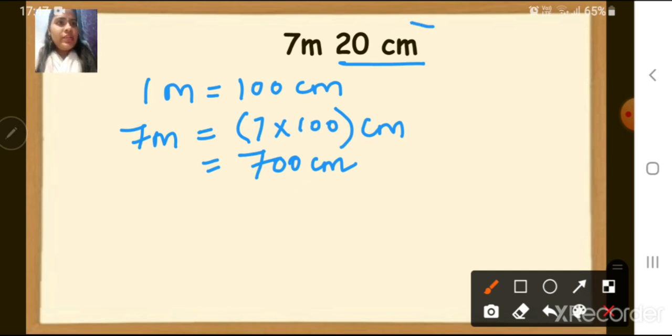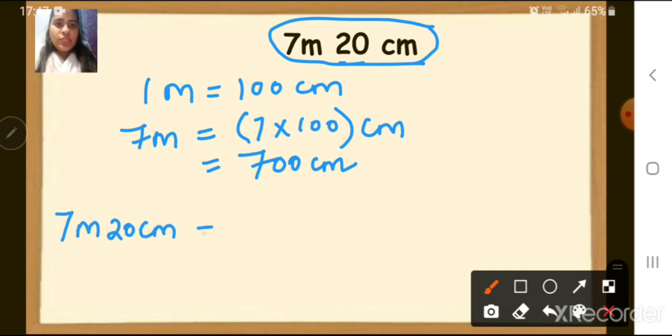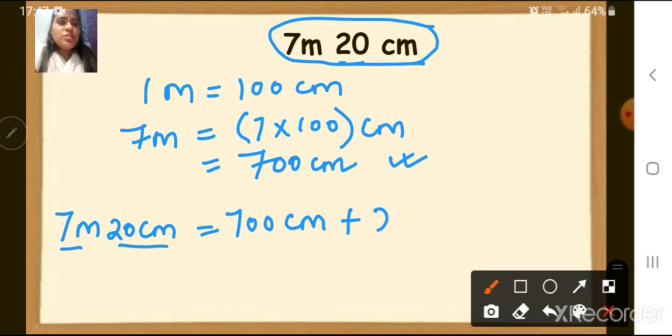Now we will take together the full question. So 7 meter 20 centimeter is equal to, what is 7 meter? Here we have got it, 700 centimeter. Then we put a plus sign because we have to add this 20 centimeter also. So plus 20 centimeter.